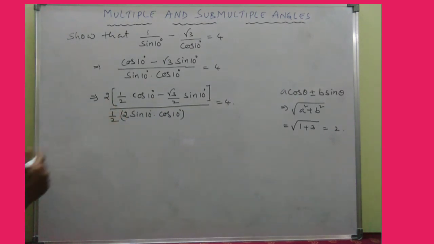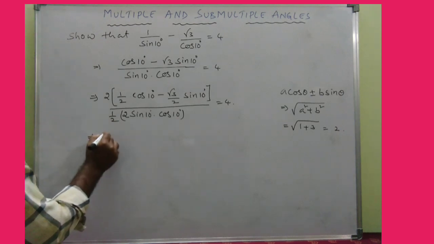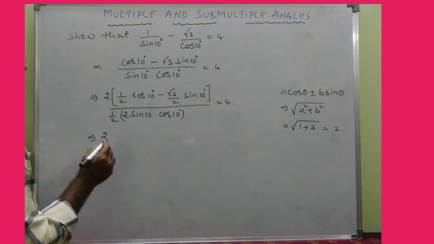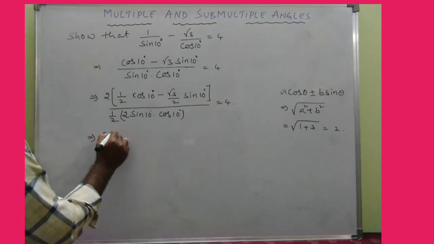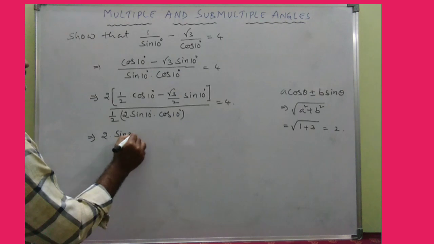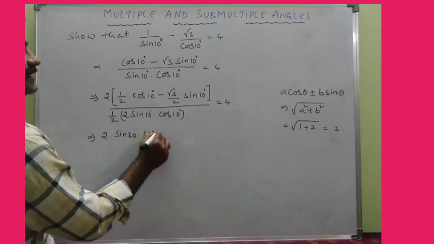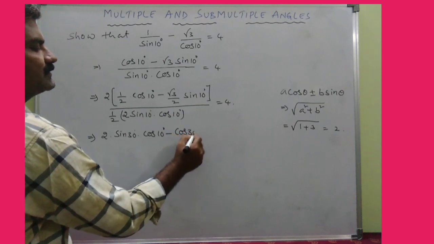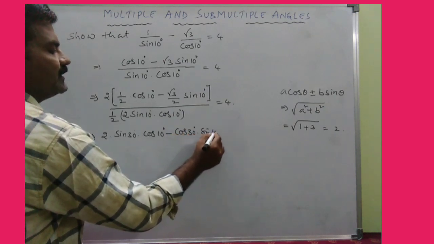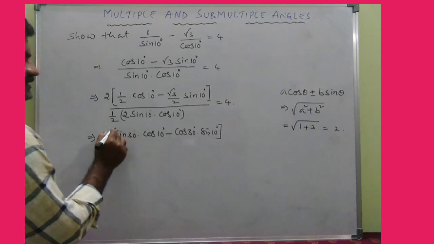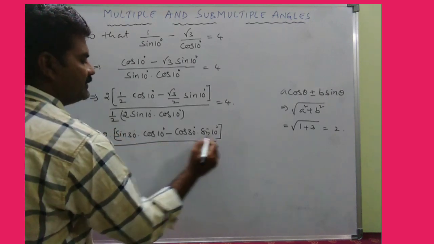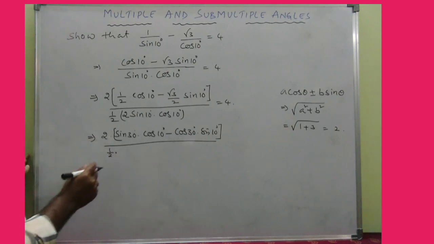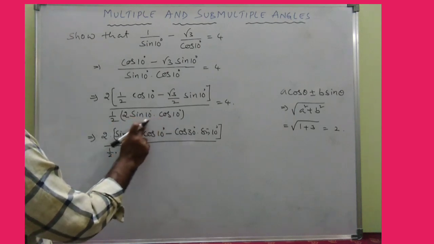Therefore, this is 2 into, see, 1 by 2, how can we write it? As sine 30 into cos 10 degrees minus cos 30 into sine 10 degrees, whole divided by 1 by 2 into 2 sine a cos a.